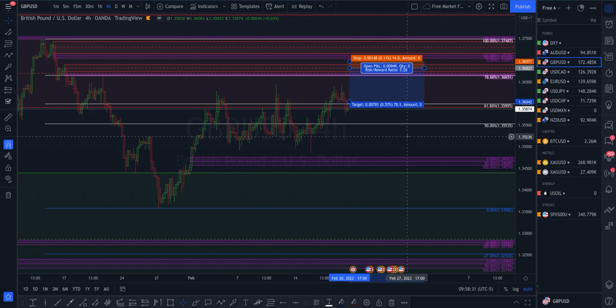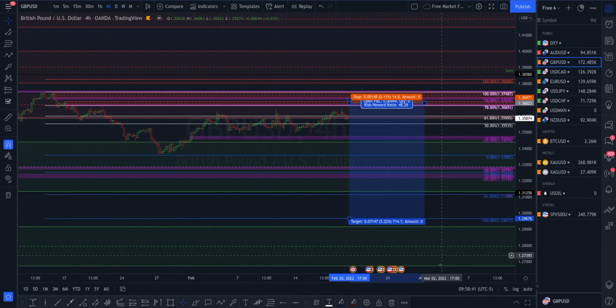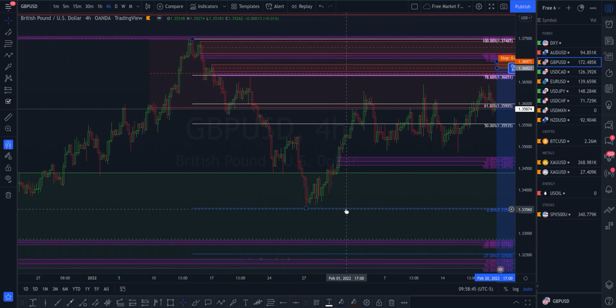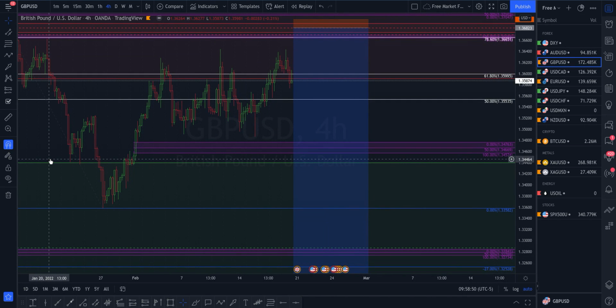And again, with the fib, you technically can aim for that 100% retracement. But again, we want to look at market structure for our take profits as well as partials.